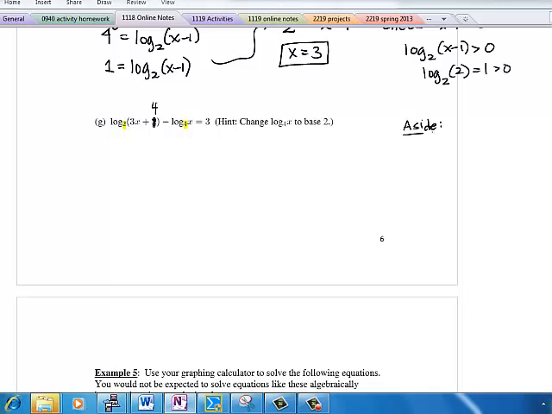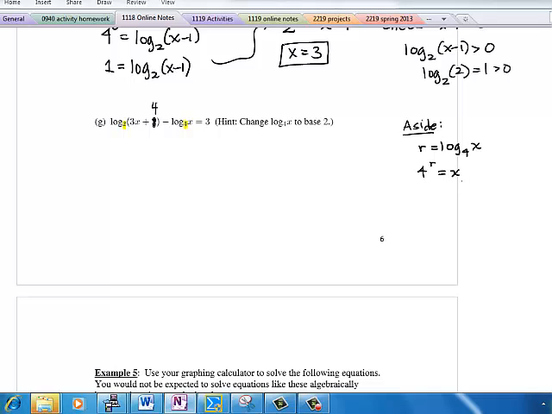figure out how the log base 4 of x is related to the log base 2 of x. So let's say r is the log base 4 of x, just to put a letter name to that quantity. That would mean 4 to the r would give me x.